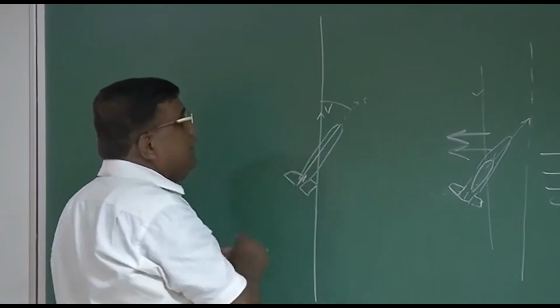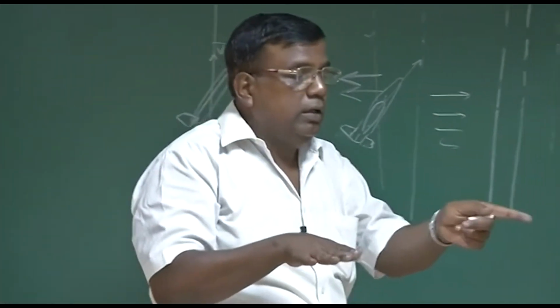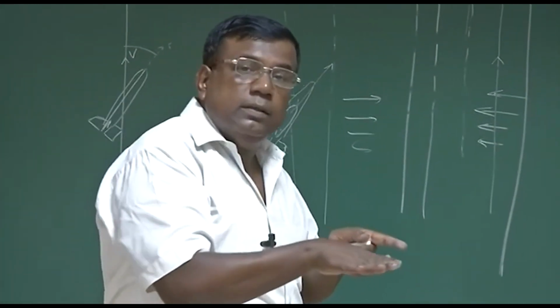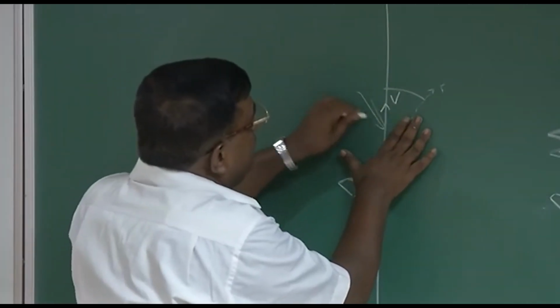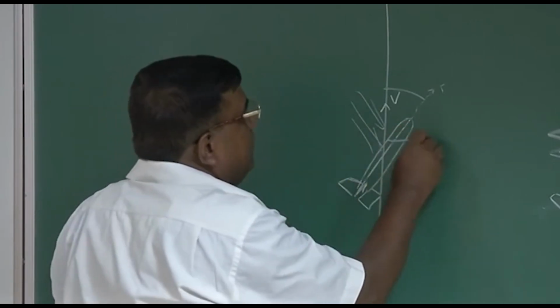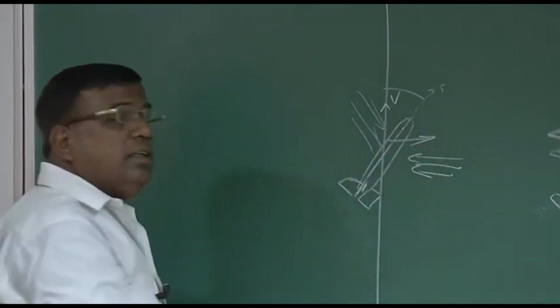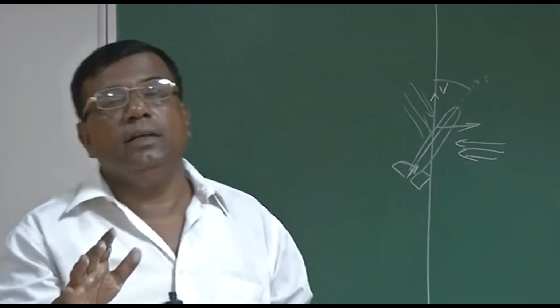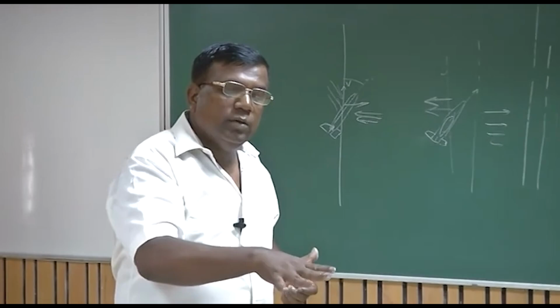We call it side slip condition. That is, I'm flying like this. My velocity vector is along the approach, and I'm flying like this. What will happen? If I fly like this, the relative air will hit this surface, and it will generate a force in this direction, and the wind was also trying to push it in this direction. That way, it will nullify. Right? Again, as it comes near the runway, it has to turn like this.